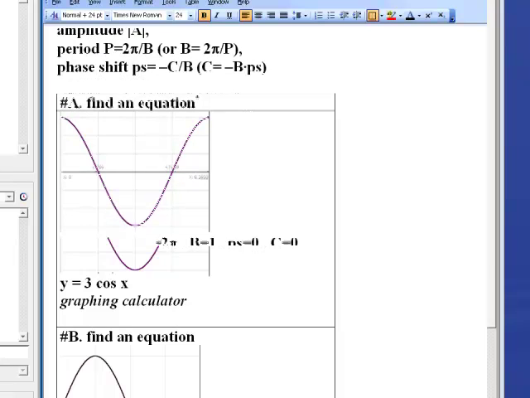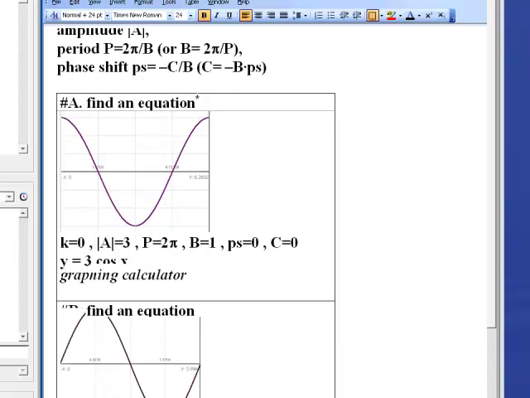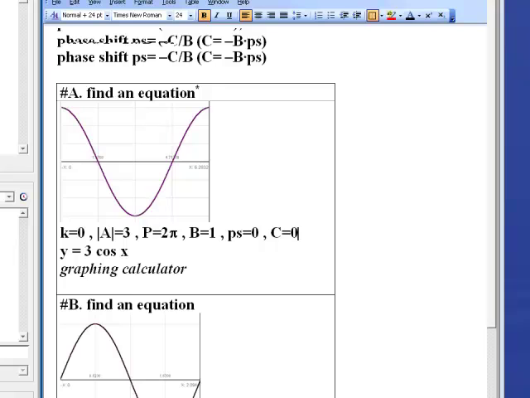The next one, we start this curve here at 0, and then one full period goes to 2.094. And this looks like a sine.